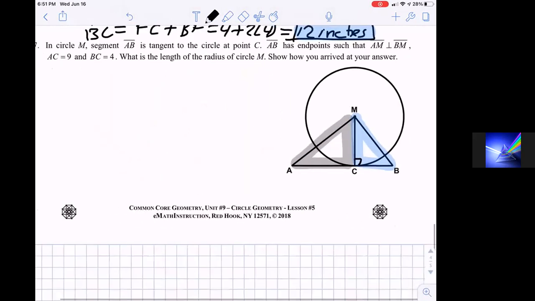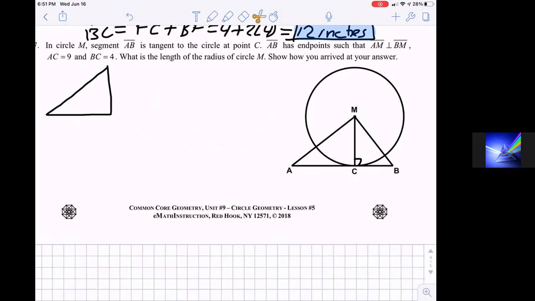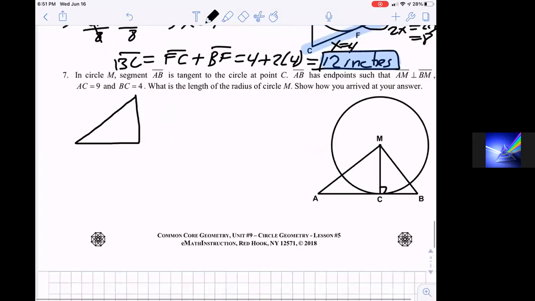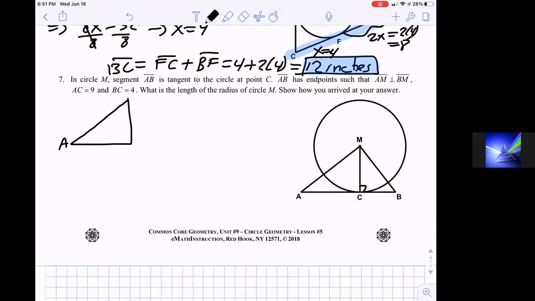So what I'm going to do is I'm going to take each of these and drag them out, and you'll see how we can use similar triangles. So this right here, I'm going to trace this, and I'm going to pull this out. That becomes triangle ACM, just like that. Well, then what I'm going to do is I'm going to trace out the other one.